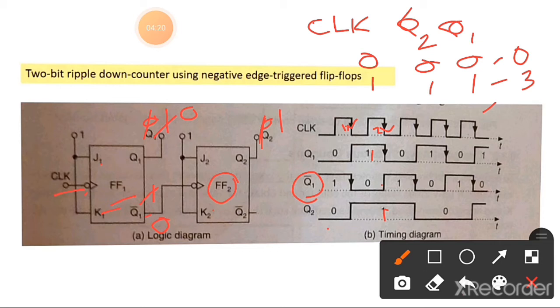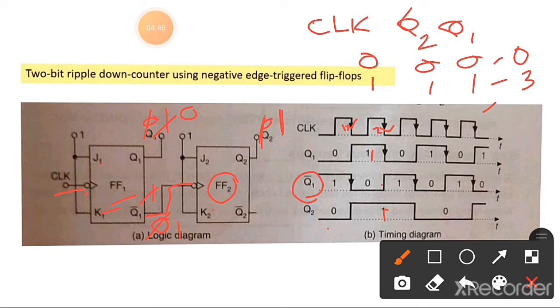So Q1 bar is changed from 0 to 1. So 1 is given to flip-flop 2. It is a positive going signal, so it does not change the state of flip-flop 2. Q2 remains unchanged, that is, it remains 1.